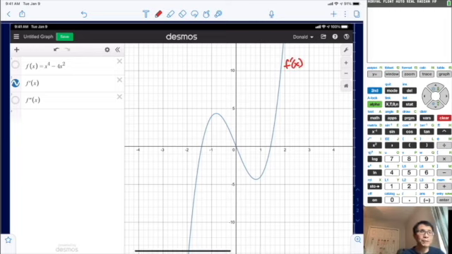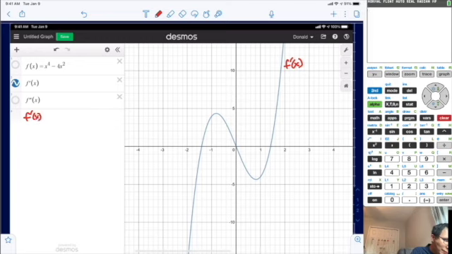So if it's an f prime of x graph, then you're going to use it to predict what happened in the original function. Usually they will tell you this is the f prime of x graph.